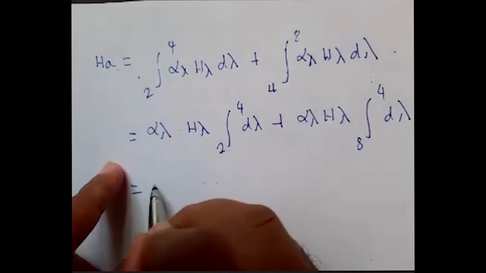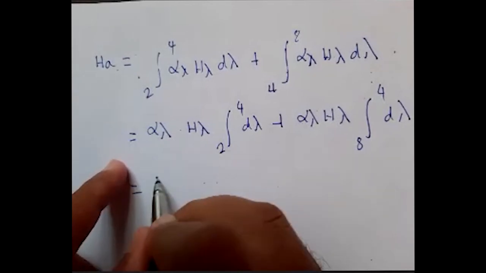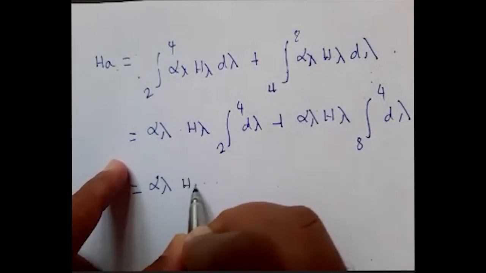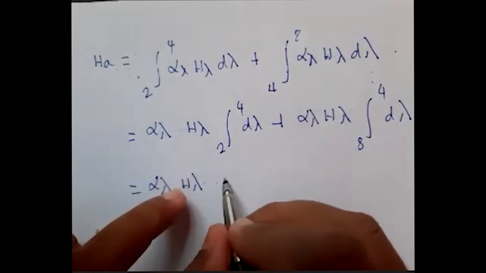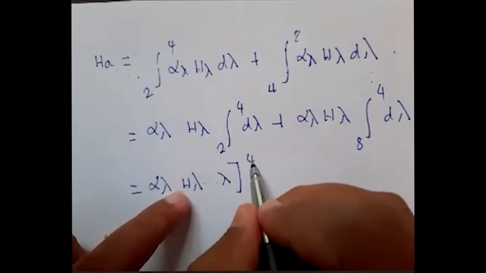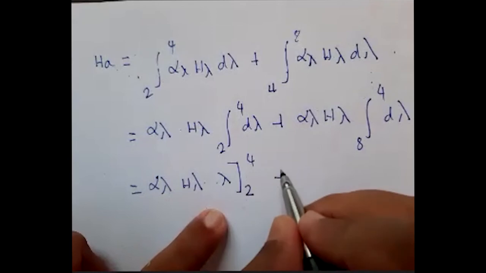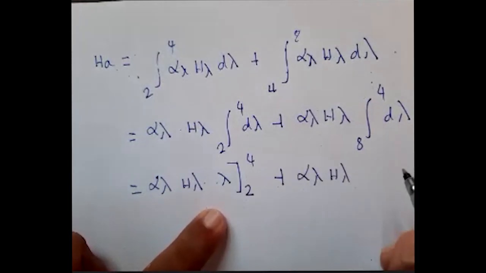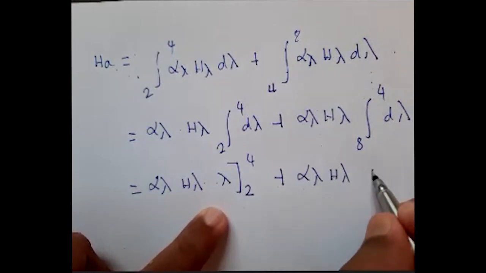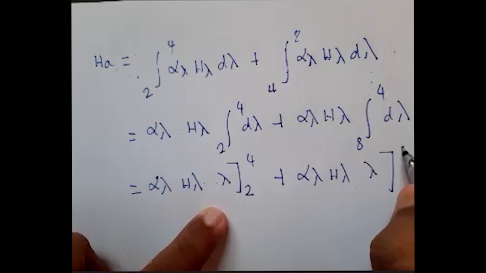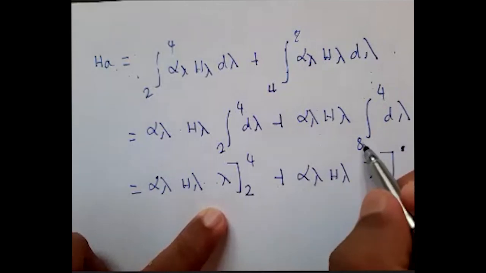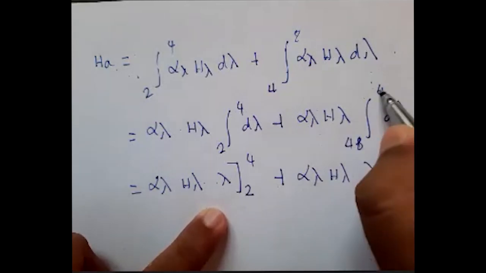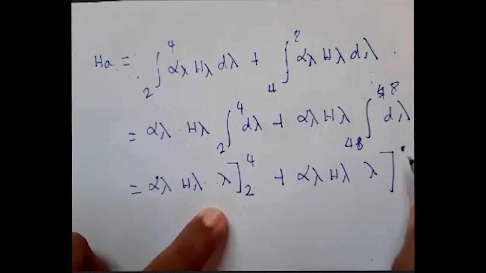I integrate and substitute the values: alpha lambda, H lambda, lambda between 2 to 4, plus alpha lambda, H lambda, lambda between 4 to 8, so it is 8 and 4.